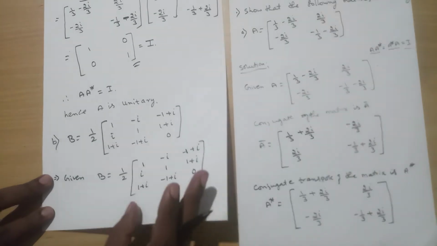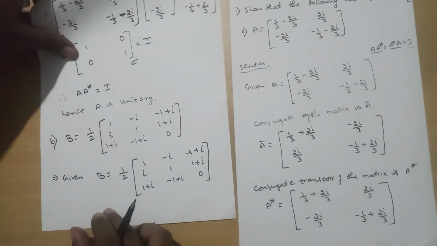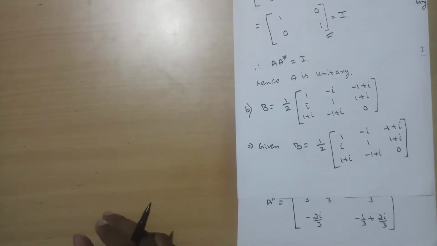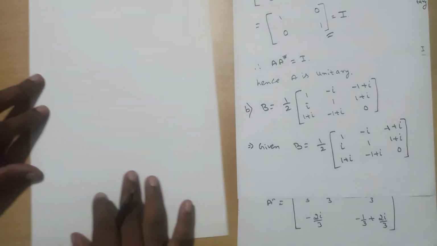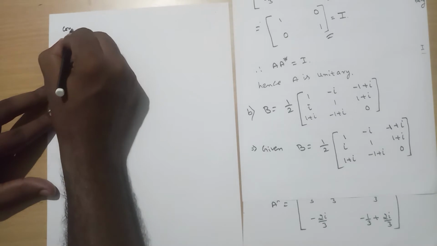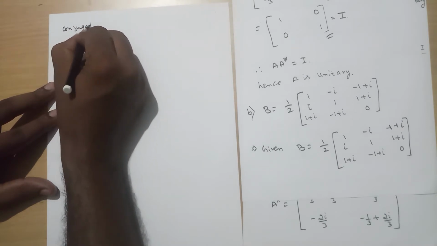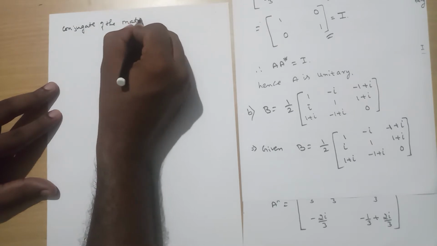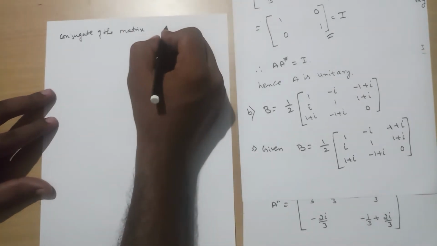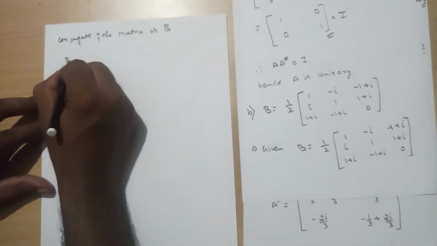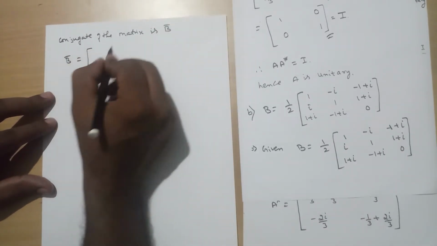So here you have to take conjugate for that one matrix. So conjugate of the matrix is what you get here? B bar. So B bar equals what you get here?